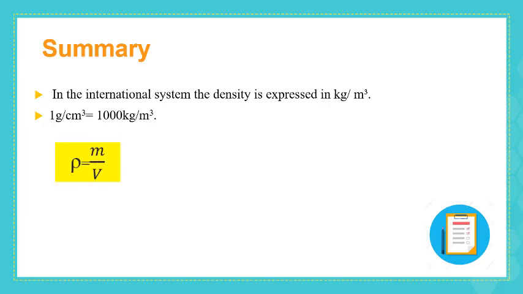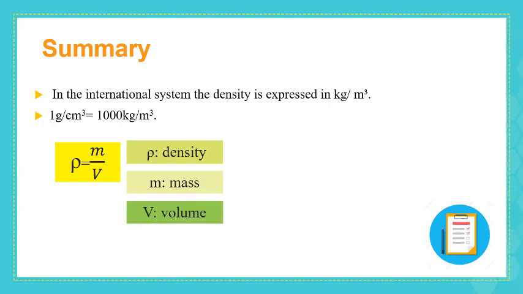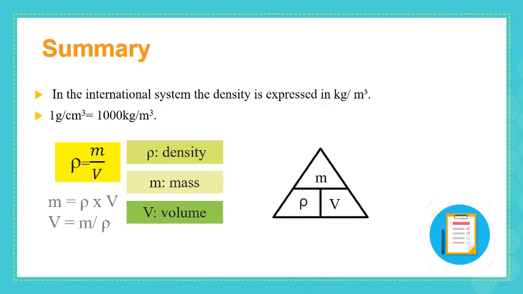Rho equal m over v, that is a very important formula, where rho is the density, m is the mass, v is the volume. This method that is used to find any one of these factors.